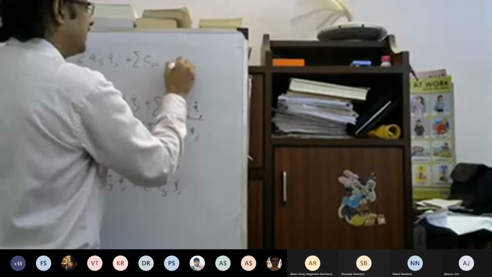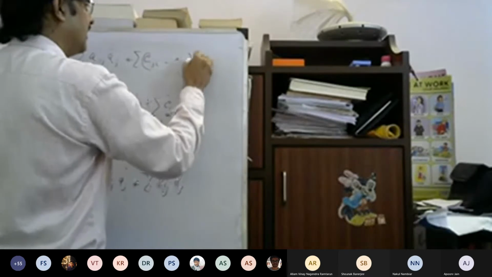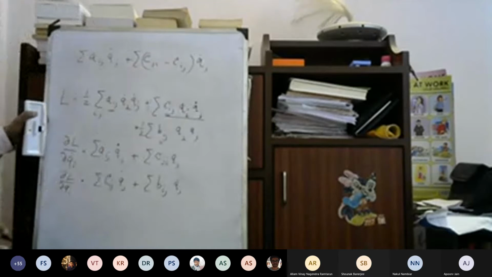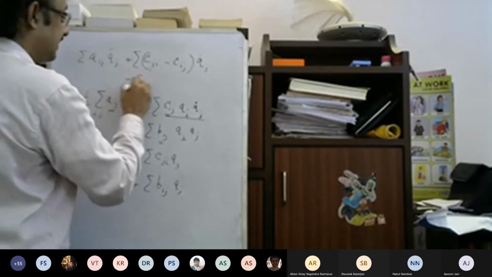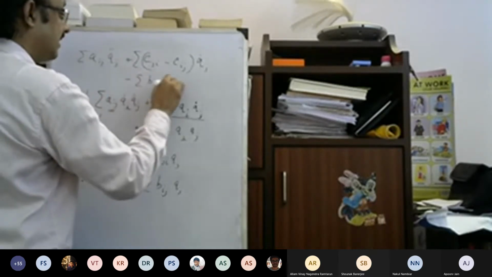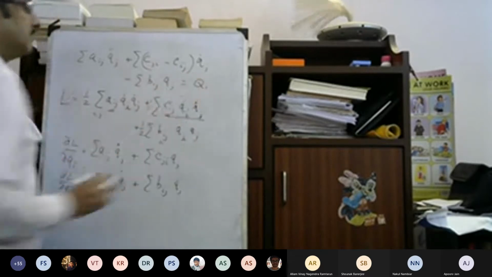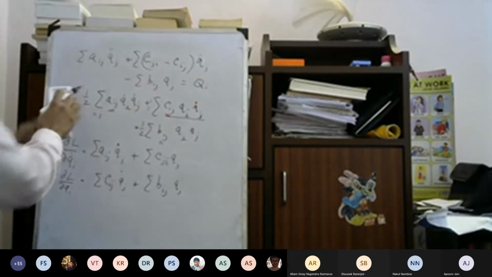So therefore Cij Qj dot, plus or minus Bij Qj. This is equal to Qi. So that will be the equation.